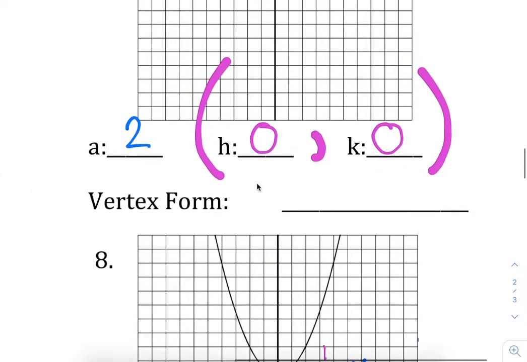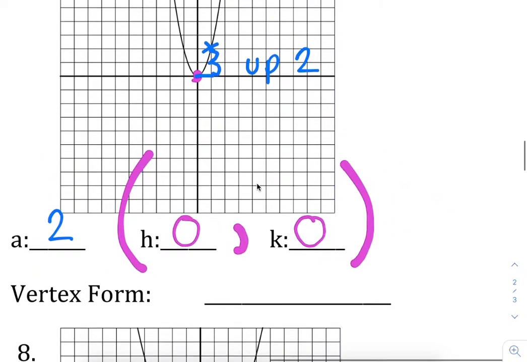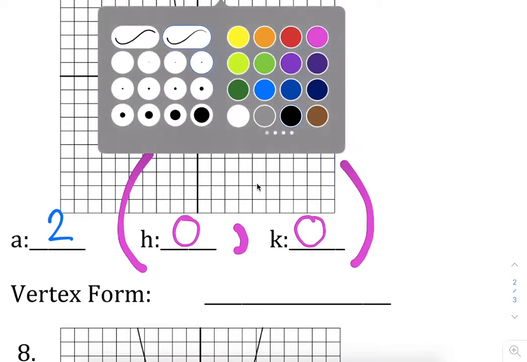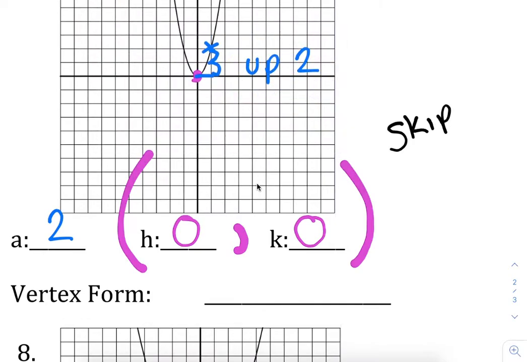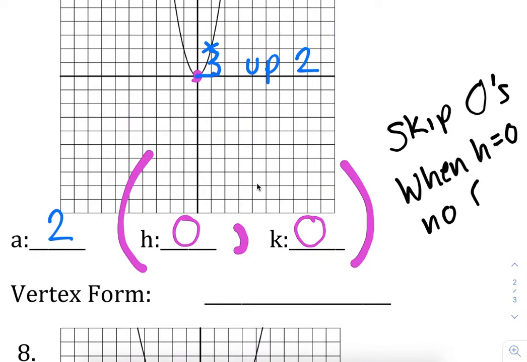Going over to number 6, think about some of the things we've talked about so far. We've mentioned that you do not need to use zeros. We've also said when h is 0, we use no parentheses. So let's think about what that would look like then.